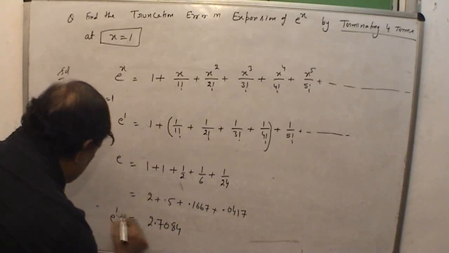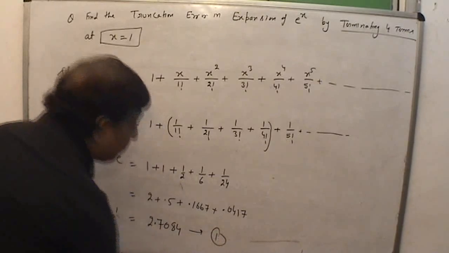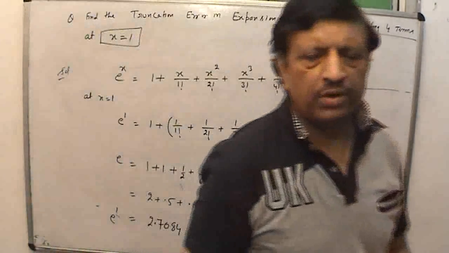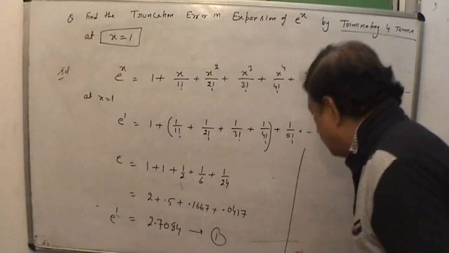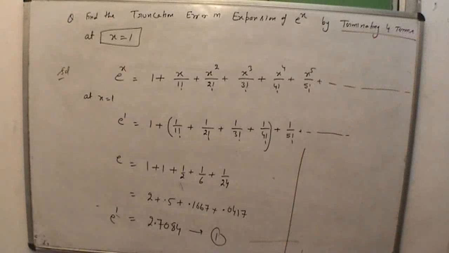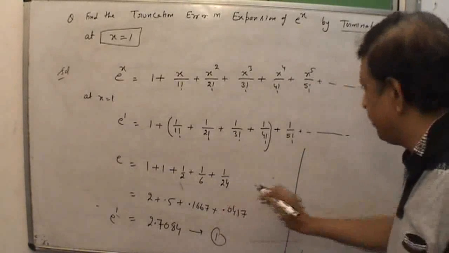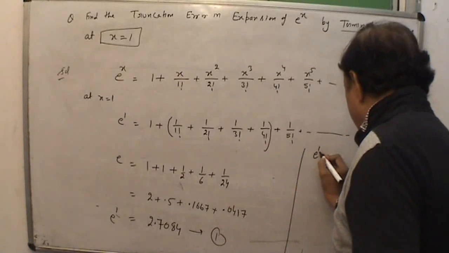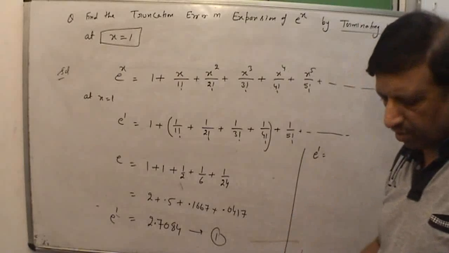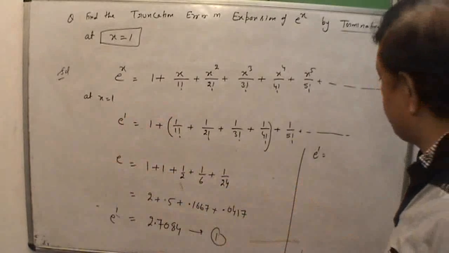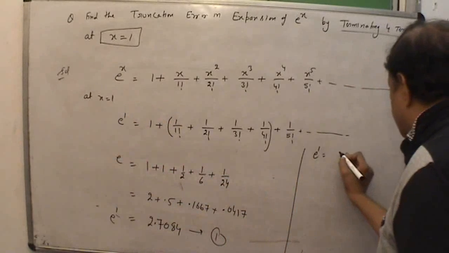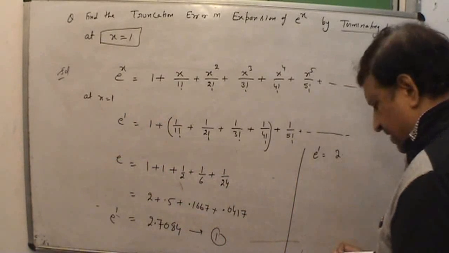It is e raised to the power 1 that we calculated, meaning our system calculated by terminating the 4 terms. But if we check the value of e raised to the power 1 from the table, or from your system calculator or computer, its value is 2.718.